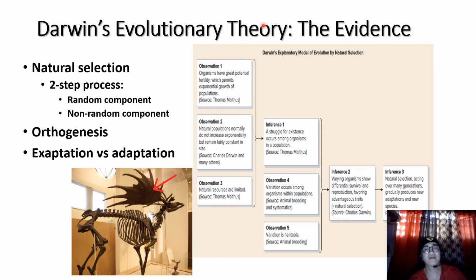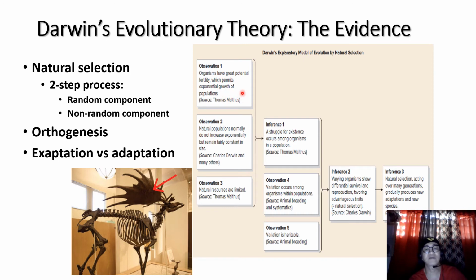Darwin developed his theory of natural selection as a series of 5 observations and 3 inferences drawn from them. This is shown here in this figure. The first observation by Charles Darwin was that organisms have great potential fertility, which permits exponential growth of the population.